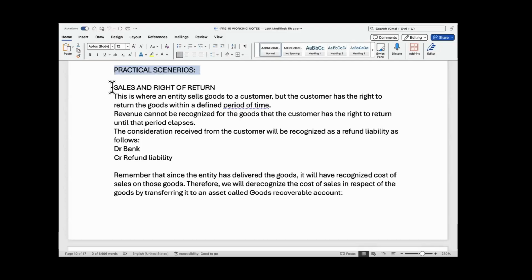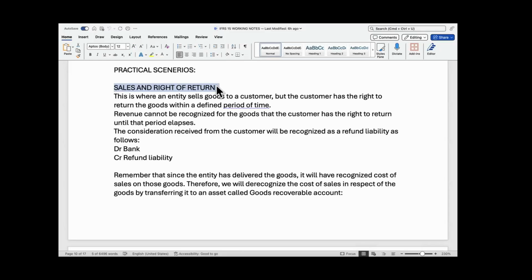We started with sales and right of return. Here, we are saying that when you sell to a customer and the customer can return the goods, you have agreed that you can return these goods within a defined period.